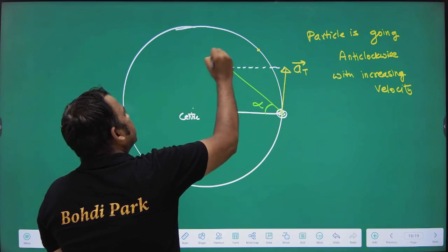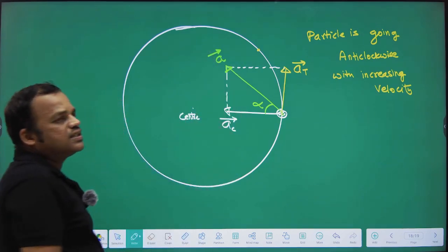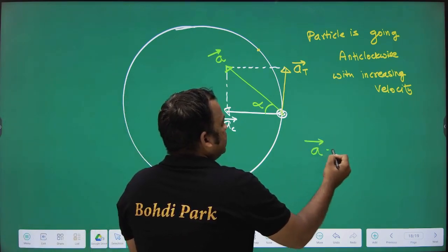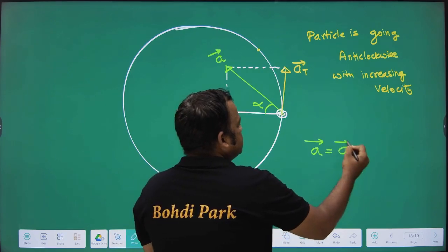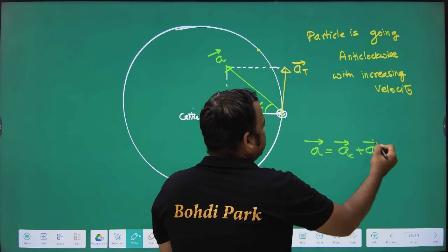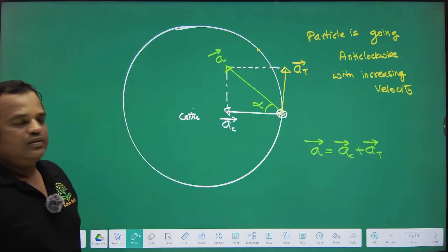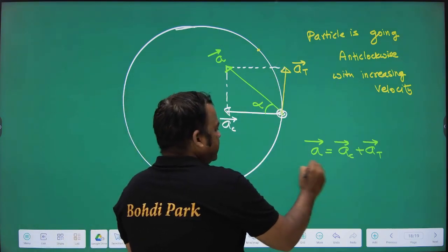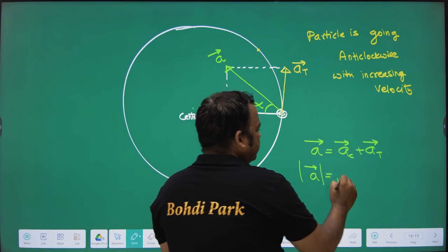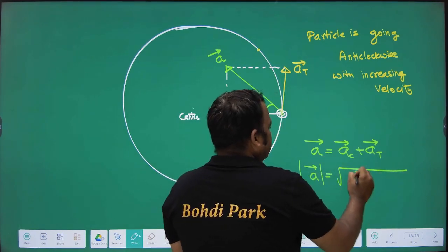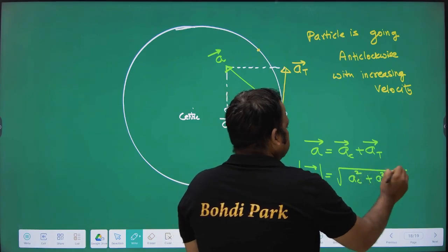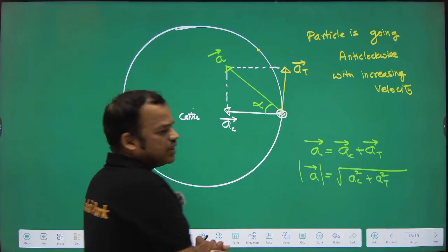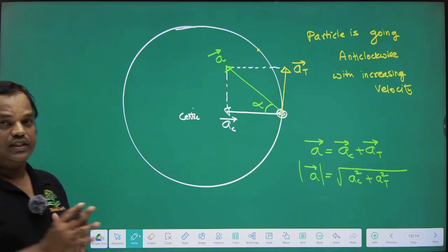This is the A vector, the resultant acceleration. So A vector is the resultant of a_c vector and a_t vector. Since a_t vector and a_c vector are perpendicular, the magnitude of the resultant acceleration will be square root of a_c square plus a_t square. a_c is the magnitude of centripetal acceleration, a_t is the magnitude of tangential acceleration.